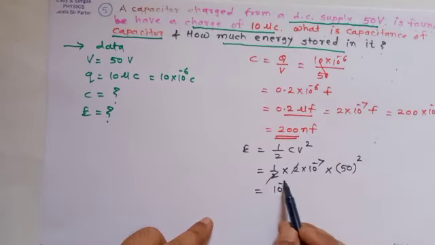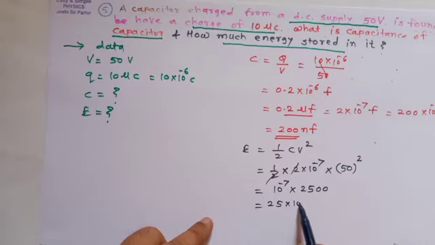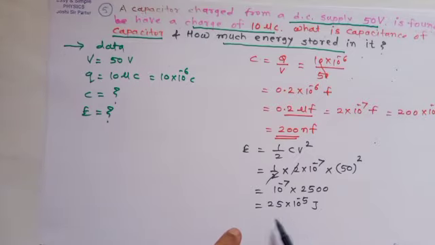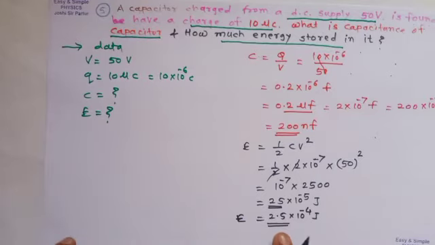It is 10 raised to minus 7 multiplied by 2500, means 25 into 10 raised to minus 5 joule. Or if we shift the decimal point, it is 2.5 into 10 raised to minus 4 joule. Any answer will be right. Okay. So that is the answer for the given example.